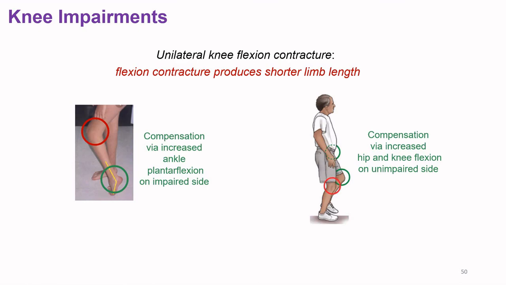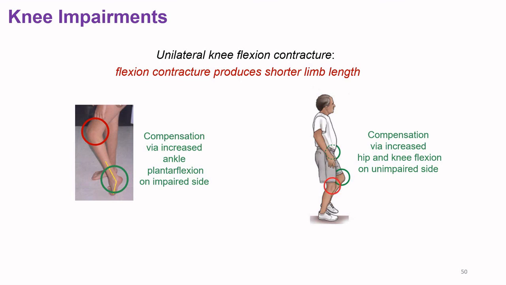Let's look at another knee impairment. A unilateral knee flexion contracture produces a flexed and therefore shortened limb. Compensations for unilateral knee flexion consequently involve adaptations to the shortening of one of the limbs.